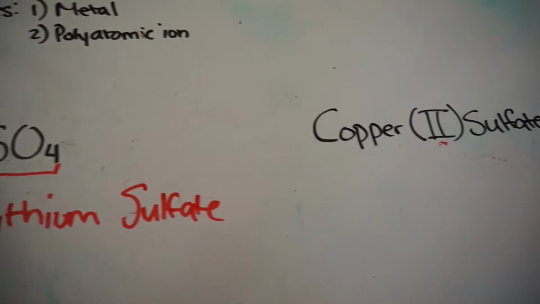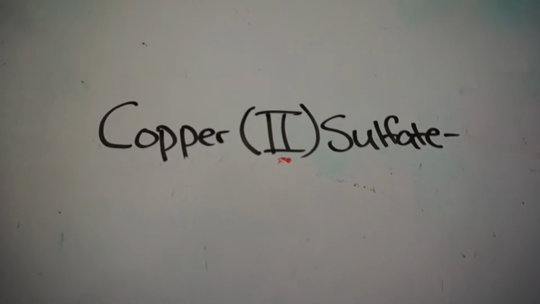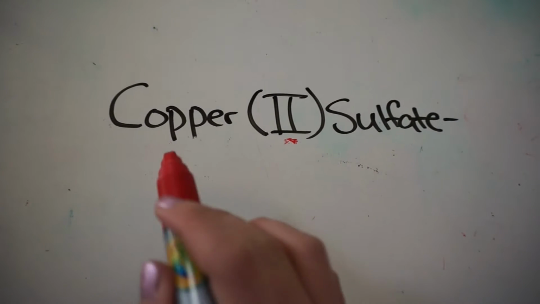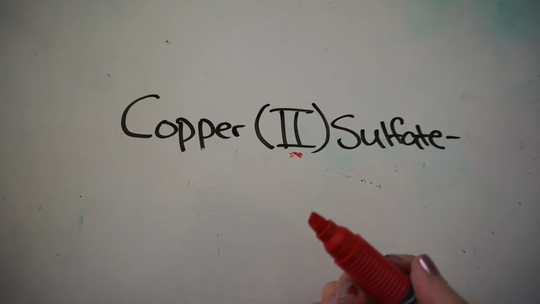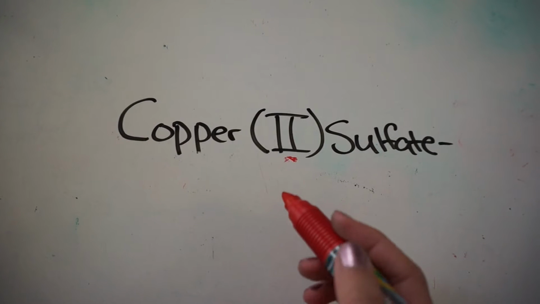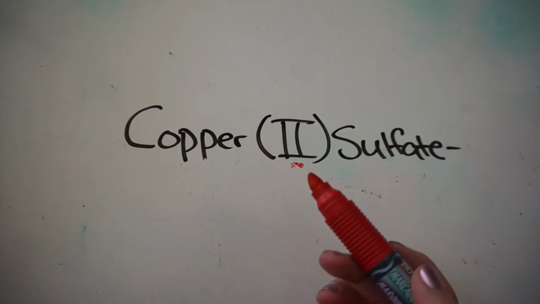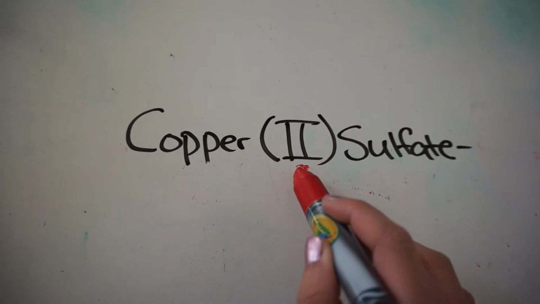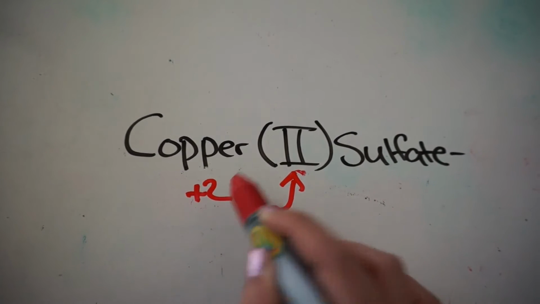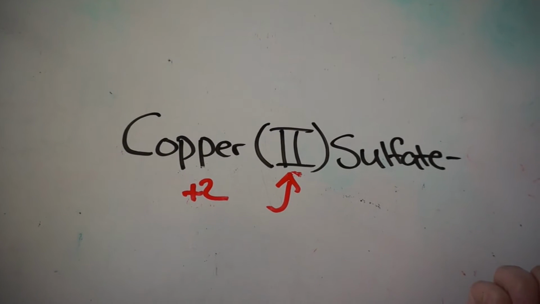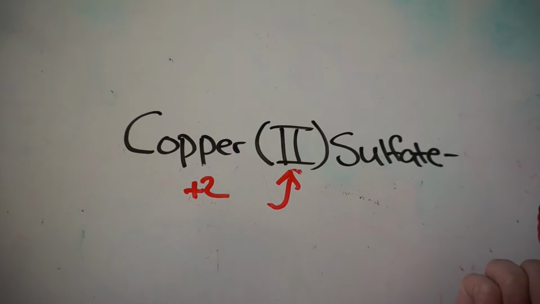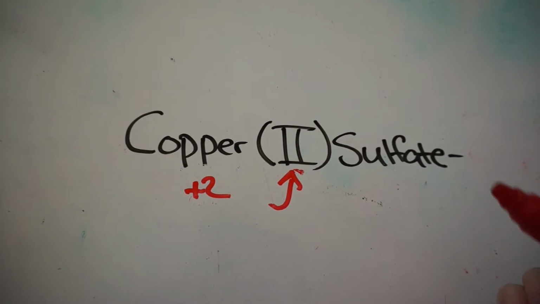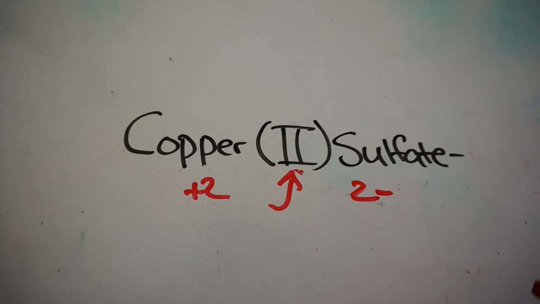So the next example is a little bit trickier, copper 2 sulfate. So remember that copper is a transition metal, meaning that it has more than one charge. So this example is written using the stock system, and it indicates that copper has a charge of 2, so it's going to be +2, because it's written in the brackets using Roman numerals. So looking at the equation sheet, we'll learn that sulfate has a charge of 2-.